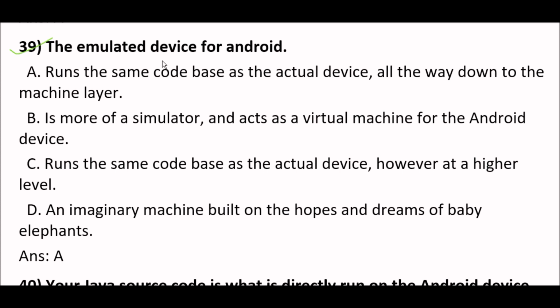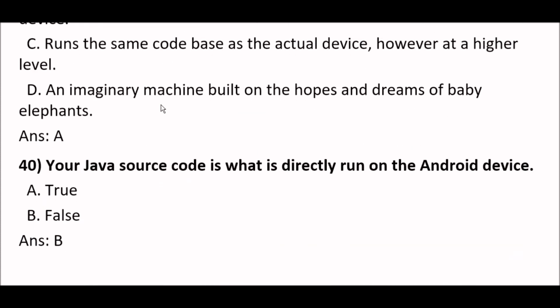Option D, an imaginary machine built on the hopes and dreams of baby elephants. Right answer here is option A. The emulated device for Android runs the same code base as the actual device all the way down to the machine layer.